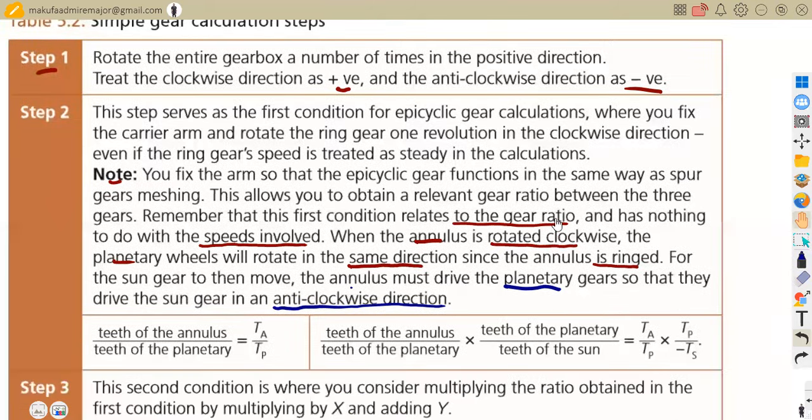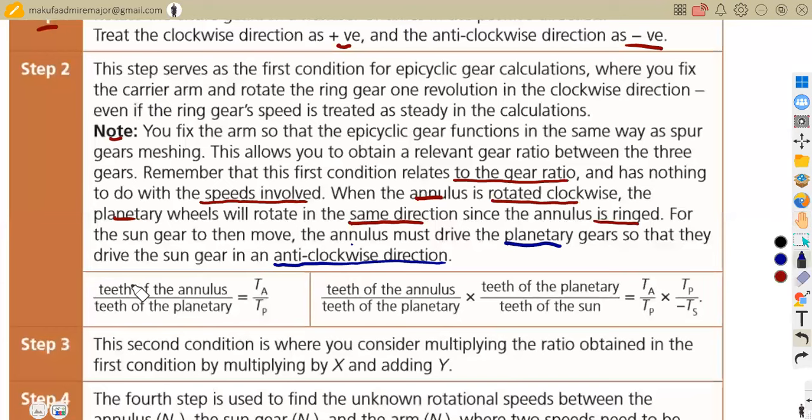So what does it mean? It means that the teeth on the annulus over the teeth of the planetary is going to be positive, depending on the condition that you're dealing with. It's going to be TA over TP. But considering what we had before, for the sun gear to move, the annulus must drive the planet, which means we start with the annulus versus the planetary.